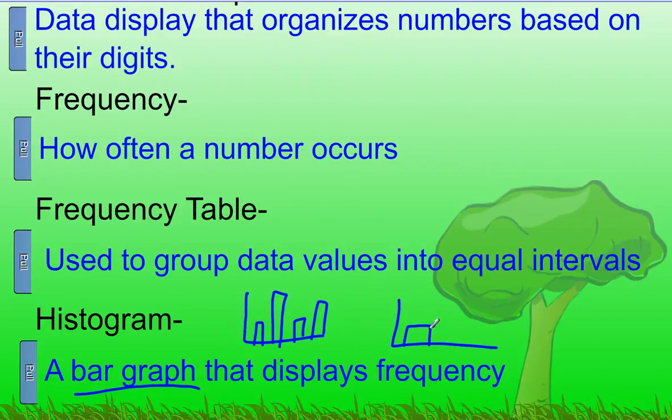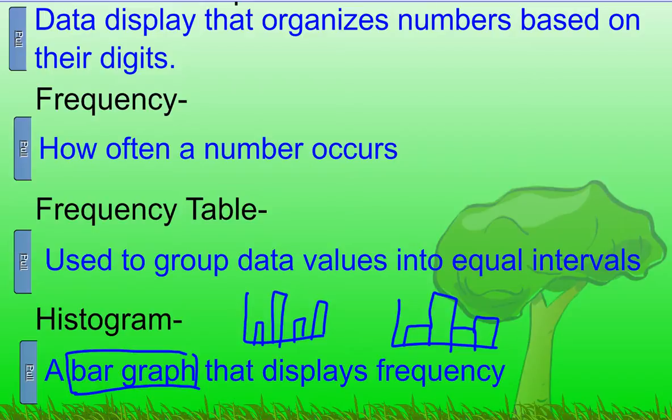Histogram, usually the bars are thicker, and they're definitely always attached to each other. So, bar graph, spaces in between, skinny bars. Histogram, no space in between, thicker bars. So although it says it's a bar graph, yes, it uses bars, but it's not the same thing as a normal bar graph that we think of.